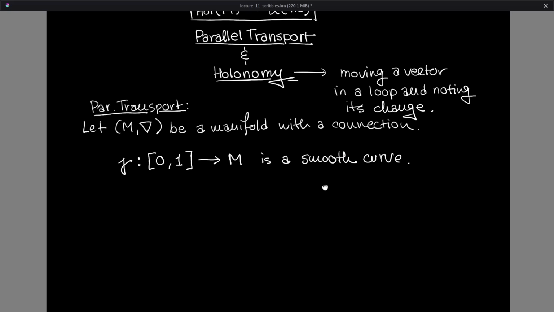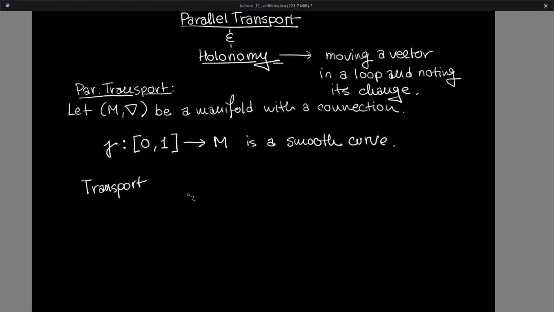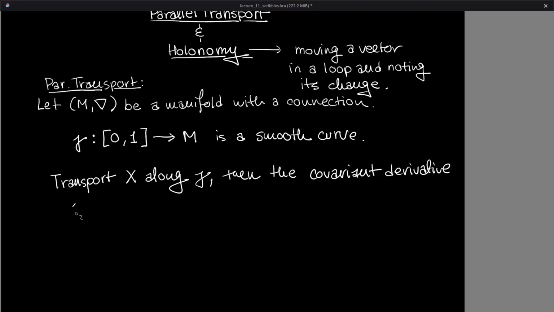So then, if we want to transport a vector field x along gamma, our parametric curve, then the covariant derivative along gamma.